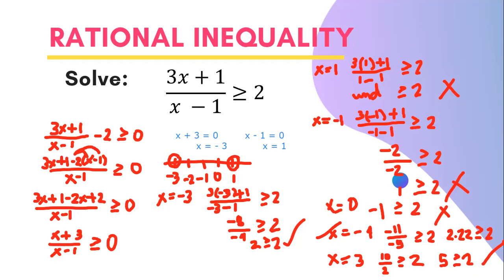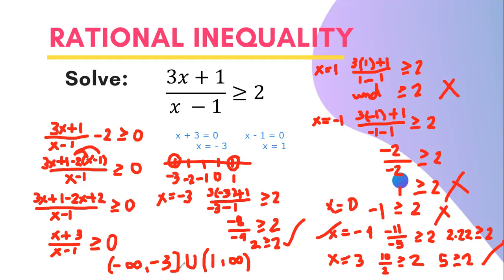So how are you going to write the solution set of this rational inequality using interval notation? Okay, so we're going to use the parentheses. Remember, when we use parentheses for interval notation, it represents solutions greater than or less than the number, not including that value. So values less than negative infinity are part of the solution set.